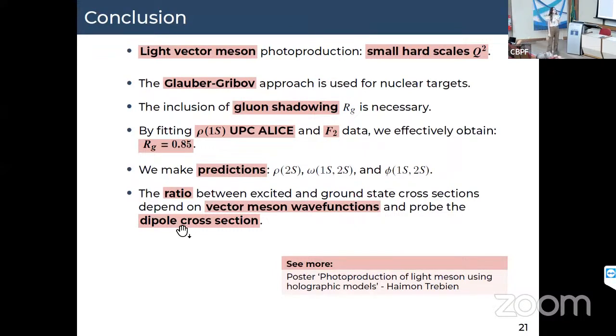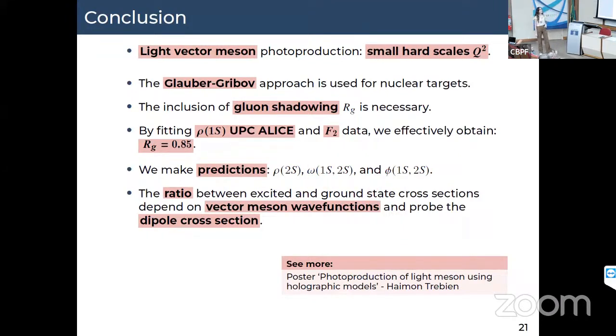Fitting the 4 data points for rho 1S UPC data from the ALICE collaboration and the data point from F2 data, we got an effective factor of 0.85, and the success of describing these 5 data points with this RG made us make predictions for other vector mesons, like the rho 2S, the omega 1S and 2S, and the phi ground state and excited state.